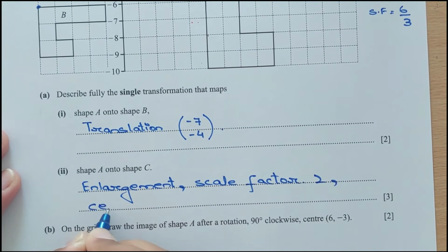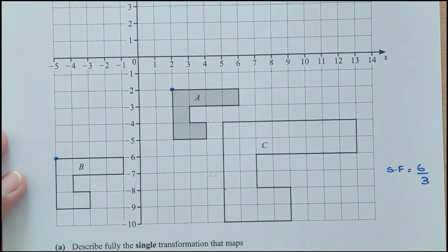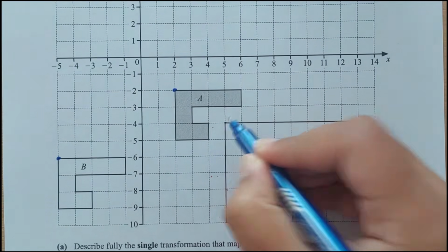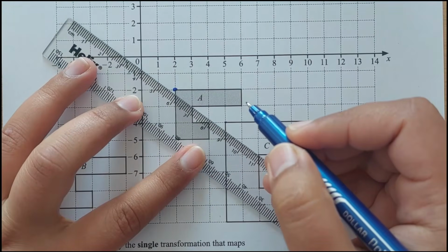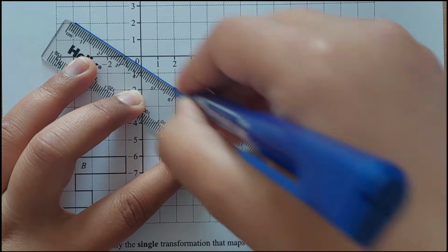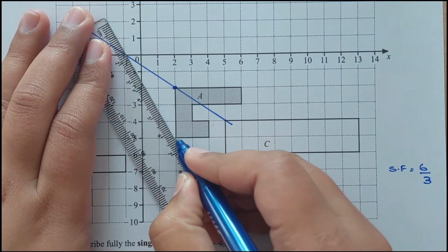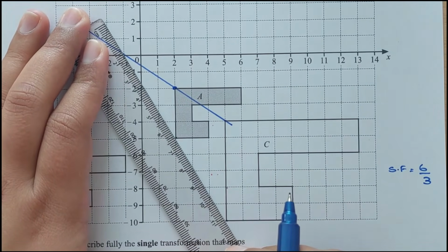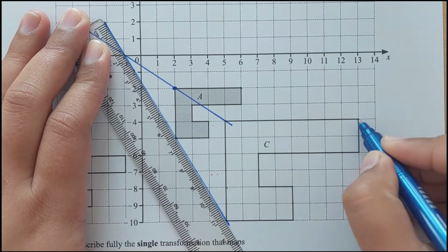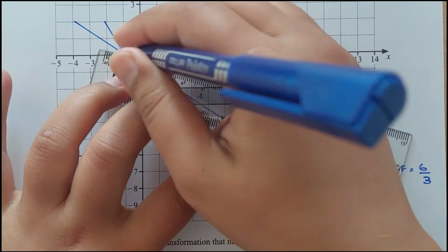Now let's find the center of enlargement. To get the center of enlargement, we have to connect the corresponding points. This point of A is the same as this point on C. So let me connect these 2 points, and these 2 points as well, and these 2 as well.